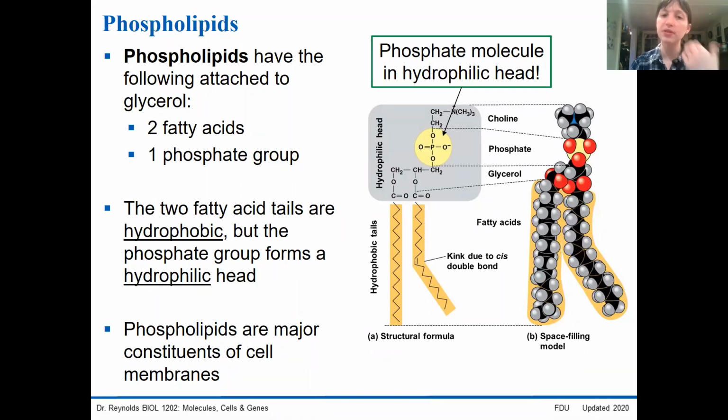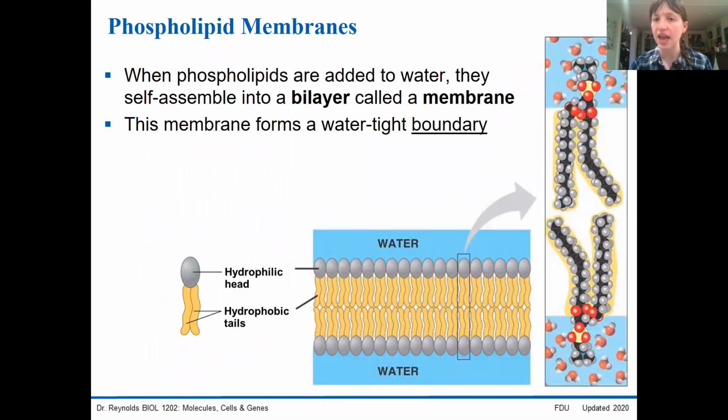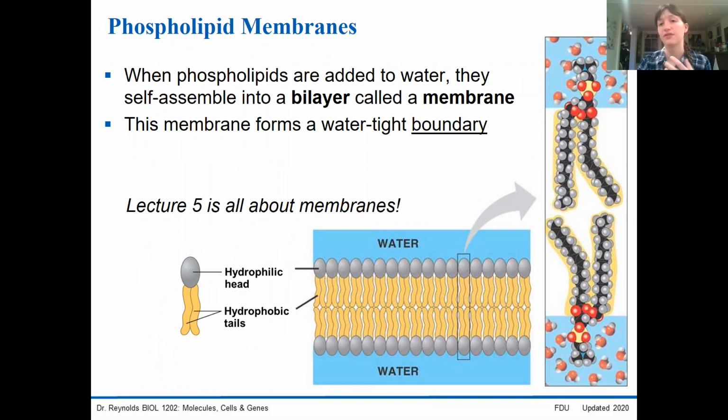And so when you place these phospholipids together into water, they will self-assemble into a bilayer called a membrane. That watertight boundary is going to be the membranes that you know form the boundary around the cell, as well as forming different compartments within the cell. Lecture 5 is going to be all about these membranes.